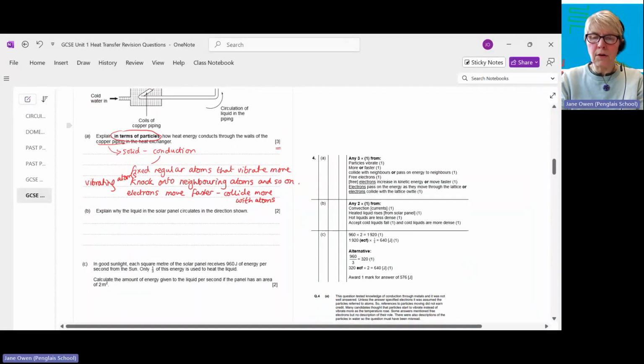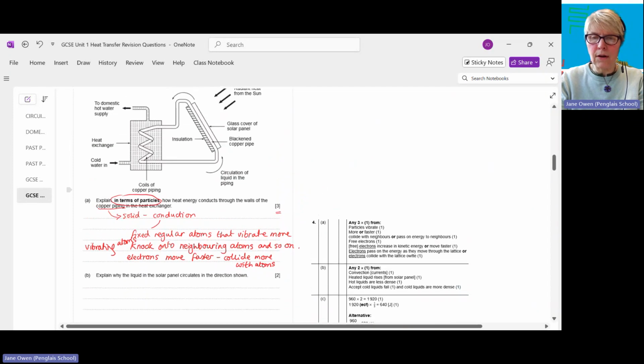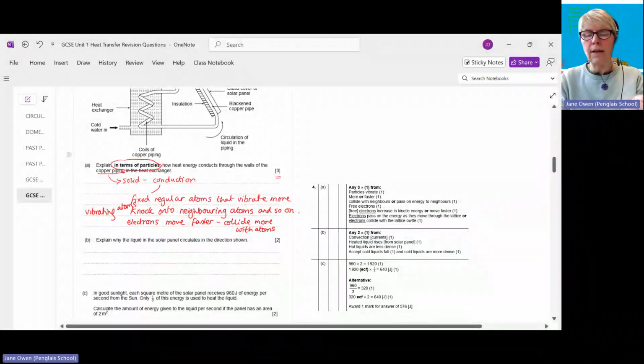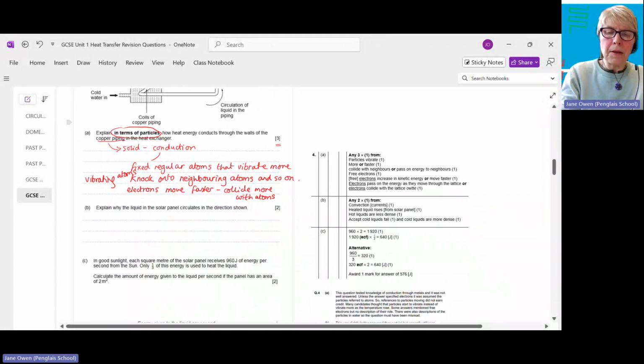Explain why the liquid in the solar panel circulates in the direction shown. Well, the liquid inside will heat up and that will become warmer. So warmer water, you can say hotter because it is that, but it won't be boiling.